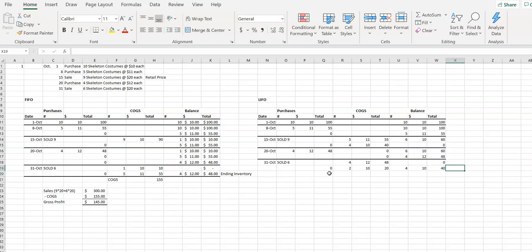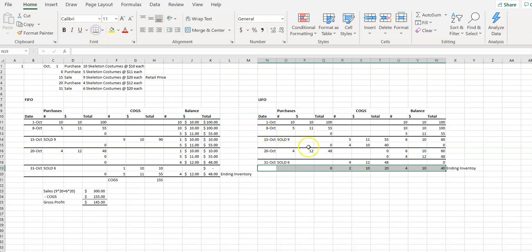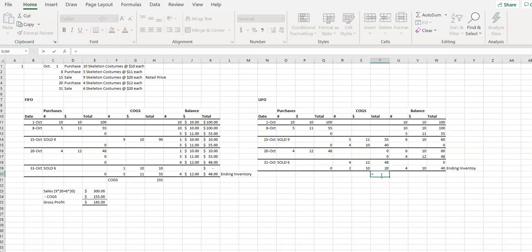All right, so the 40 is my ending inventory. Draw a line over here. I'm going to sum up. $163 is my cost of goods sold.